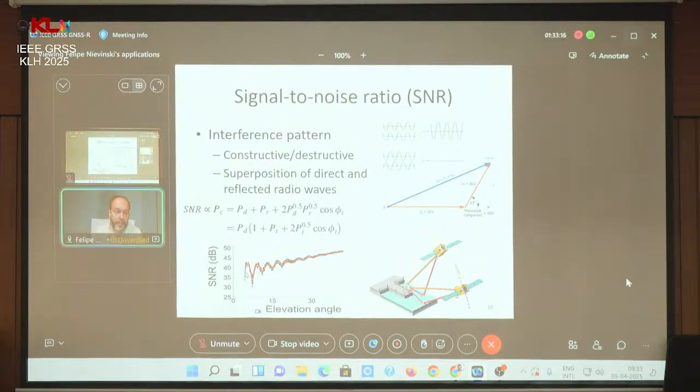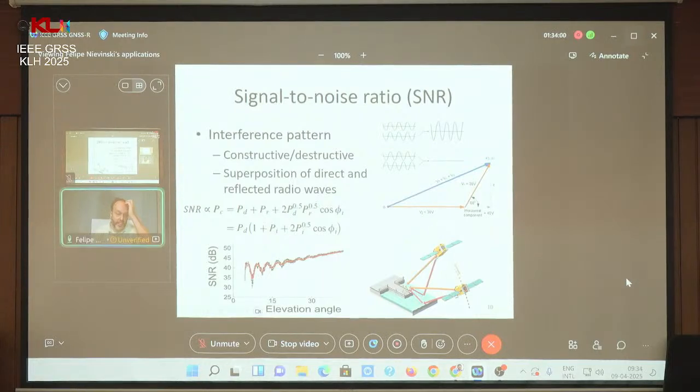And these oscillations have a larger magnitude at lower elevation values because of the similar polarization between the reflection and the direct waves. So the antenna amplifies the two waves in the same way at low incidence, and as the satellite rises up, you get a dampening of the oscillation magnitude because there is more discrimination between the two polarizations, and eventually the oscillation vanishes.